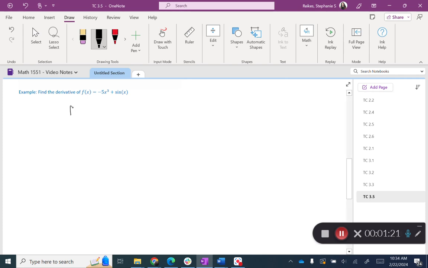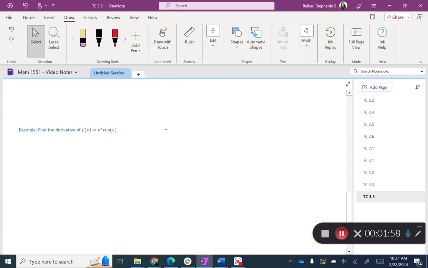So the derivative f prime of x is going to be equal to, our first term is going to need power rule, so it's going to be negative 5 times 3x raised to the 3 minus 1, plus, now using one of our new rules from trig, the derivative of sine x is cosine x. Simplifying this, we get our final answer is going to be negative 15x squared plus cosine x.